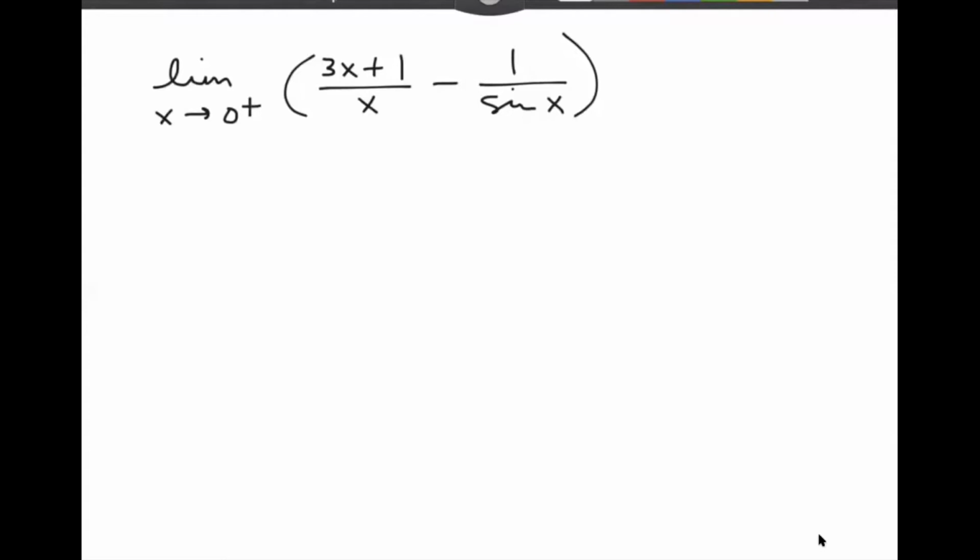Checking the form, as x approaches 0 from the right, 3x plus 1 approaches 1, and x is a teeny tiny positive number, which means that first expression is going towards positive infinity. And as x approaches 0 from the right, sine x also approaches 0 from the right, so in that second term, you're looking at 1 divided by a tiny positive number that's also going toward positive infinity.